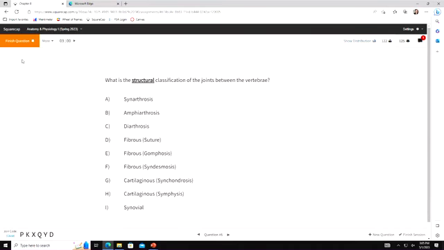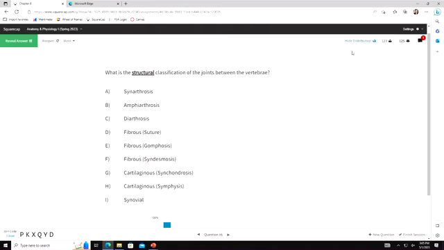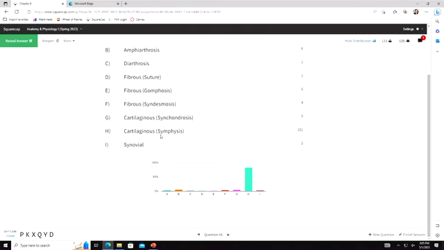Then I asked you for my structural classification of the joints between my vertebrae. Remember where I have those intervertebral discs. And we already told ourselves that the intervertebral discs are made out of fibrocartilage. And fibrocartilage is what I find in these symphysis joints.